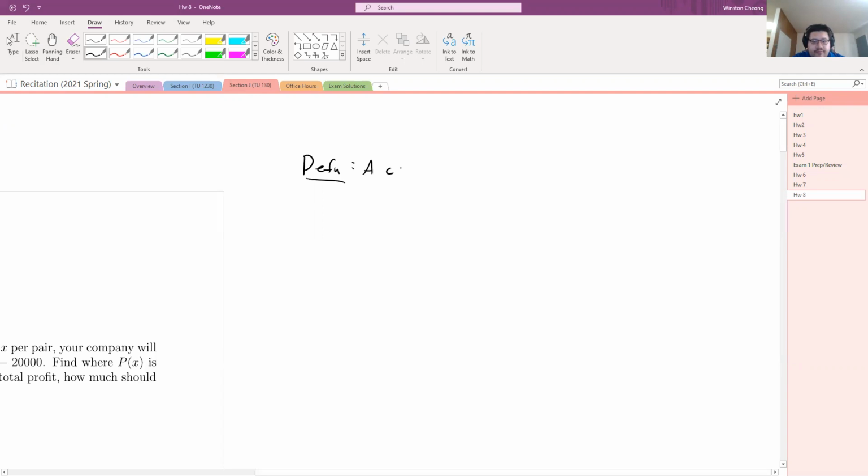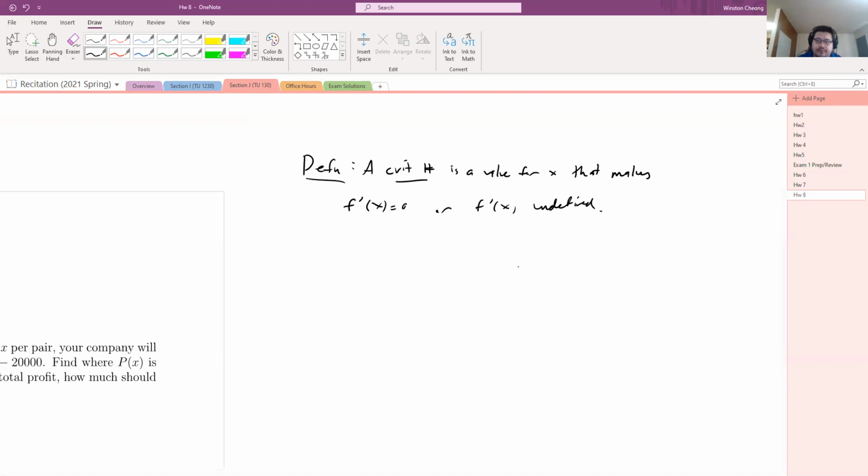A critical number is a value for x that makes the derivative equal 0 or makes the derivative undefined. If either of these two situations holds true, then the value that you're looking at is a critical value, critical number.